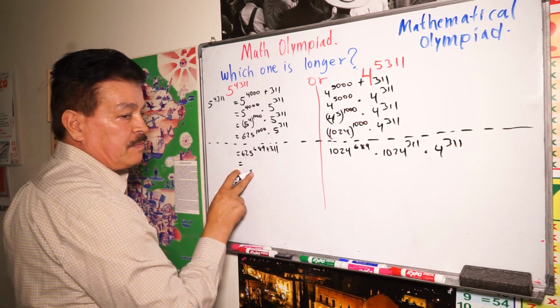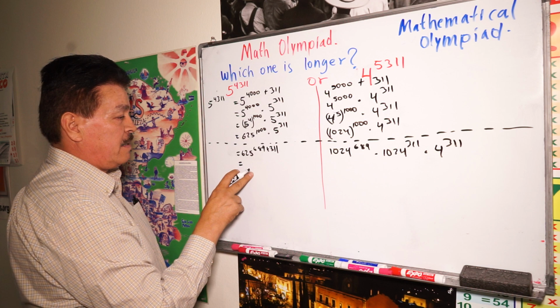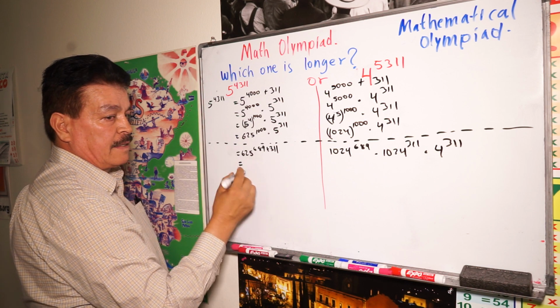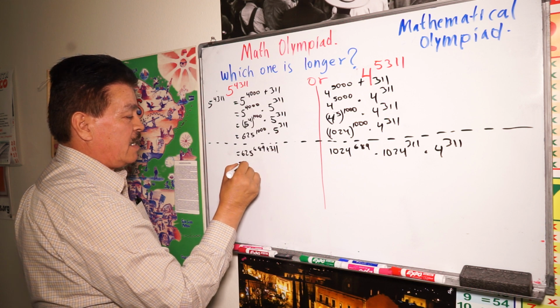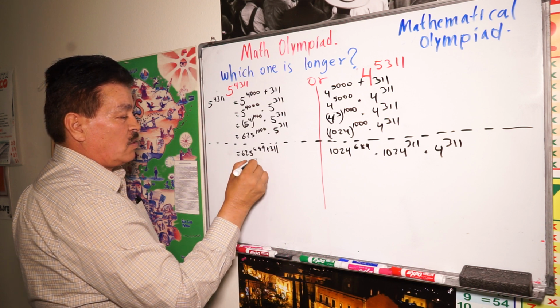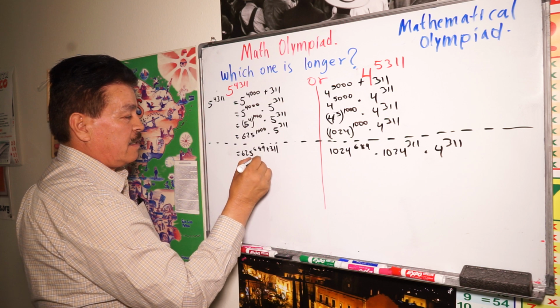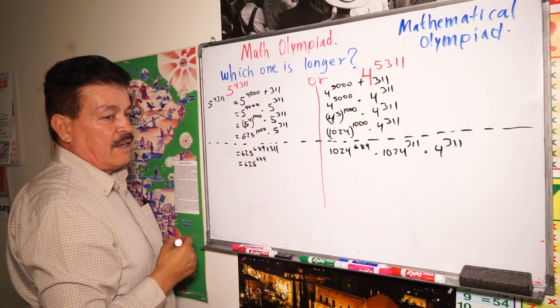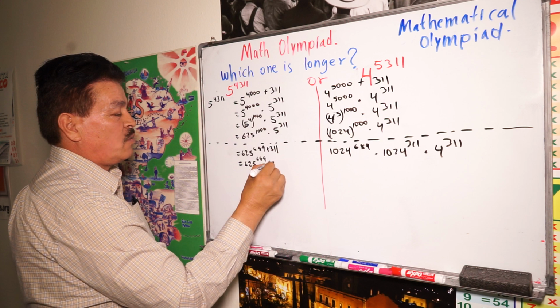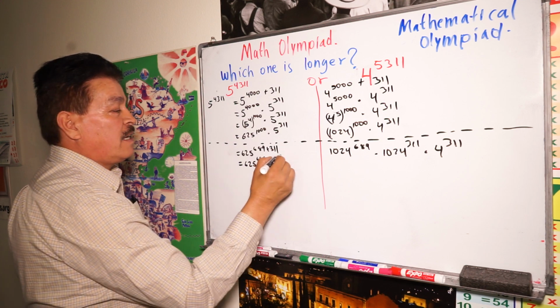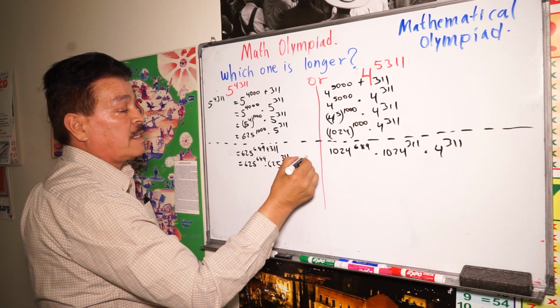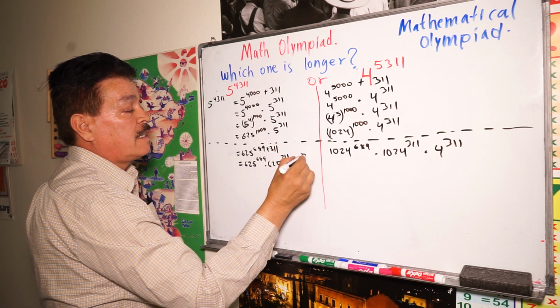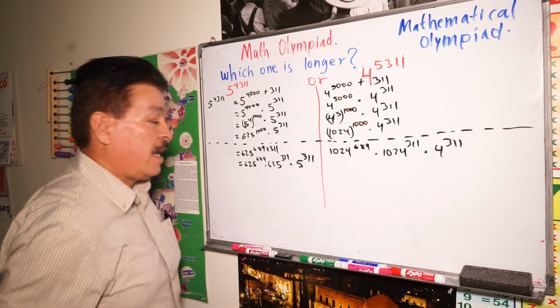Let's write the same thing on that side. 625 to the 689, times 625 to the 311, times 5 to the 311.